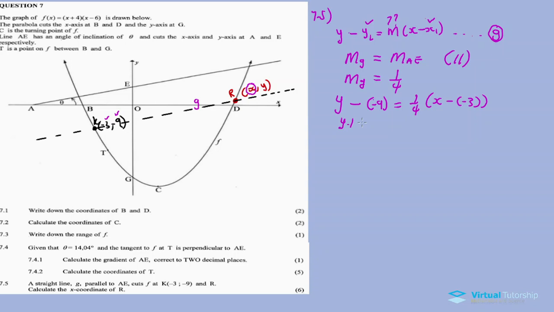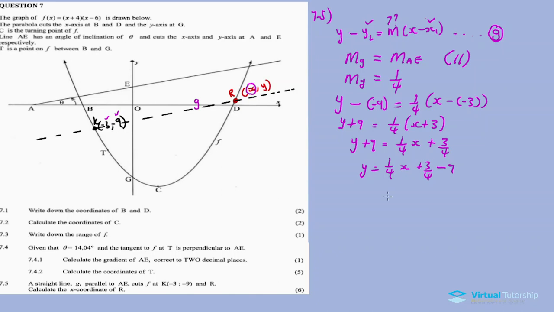So y plus 9 is equal to 1/4 x plus 3/4, so y is equal to 1/4 x plus 3/4.